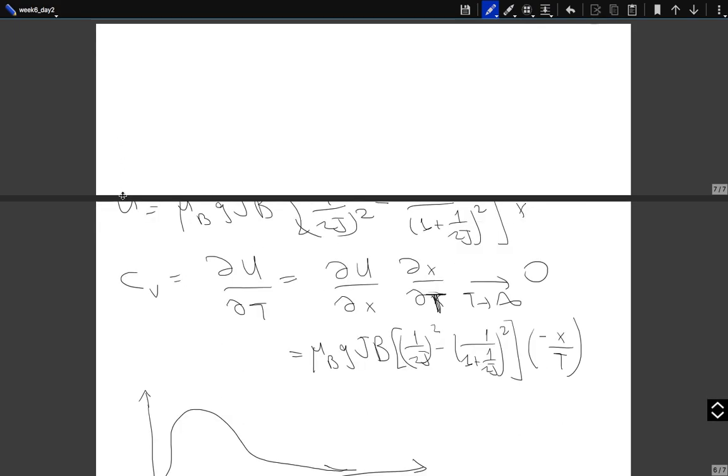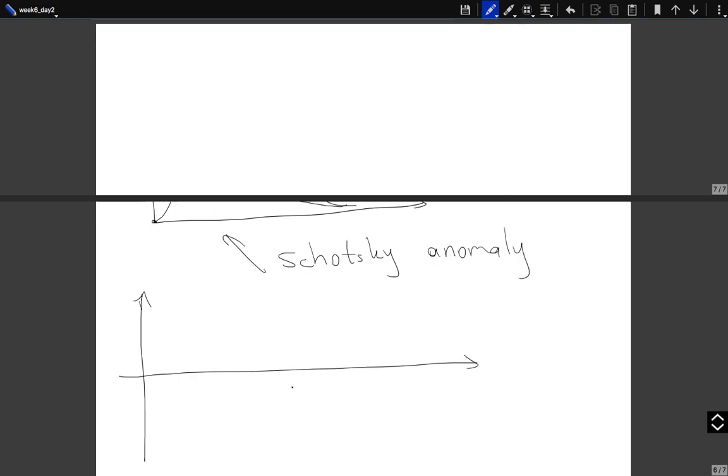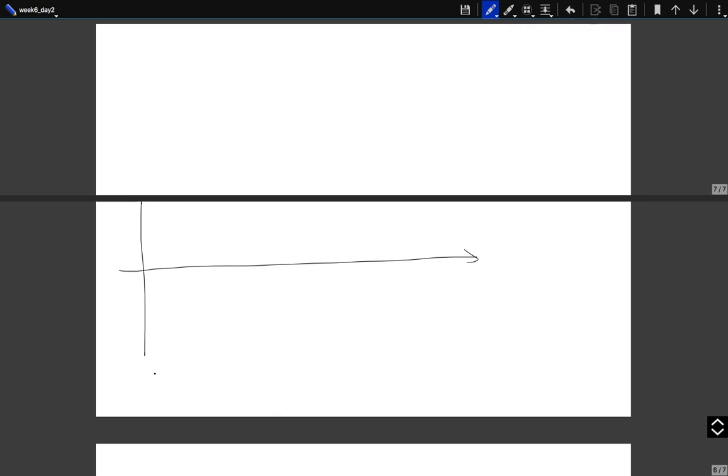So what we know, the energy of the system, at large temperatures, it goes to 0.